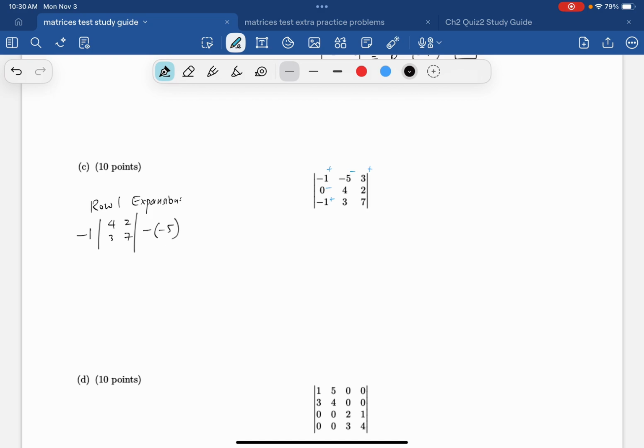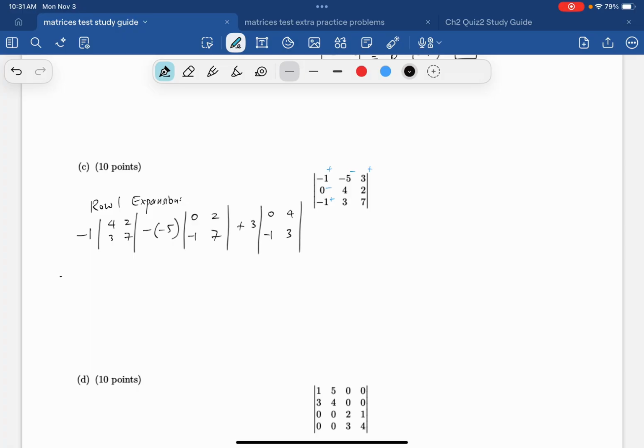Okay, so minus negative 5 times the determinant of 0, 2, negative 1, 7, plus 3 times the determinant of 0, 4, negative 1, 3.